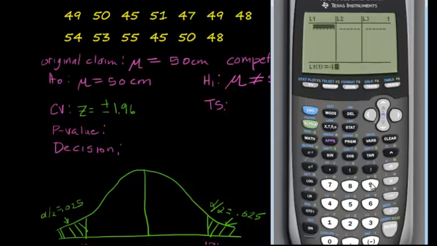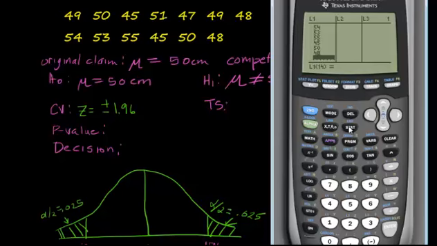Okay, we have 49, 50, 45, 51, 47, 49, 48, 54, 53, 55, 45, 50, and the last one was 48. That was my 13th data value, and now I've got all of my data in a list.